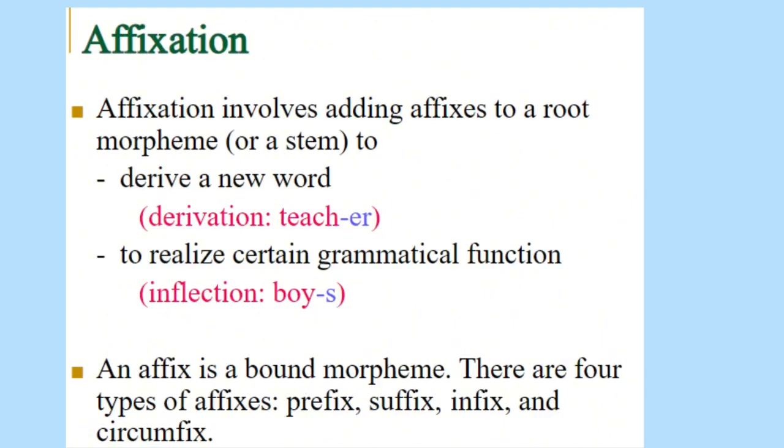Derivation, like teach becomes teacher, or else to realize certain grammatical functions like changing the plural, like boy to boys. An affix is a bound morpheme. There are 4 types of affixes. They are prefix, suffix, infix and circumfix.